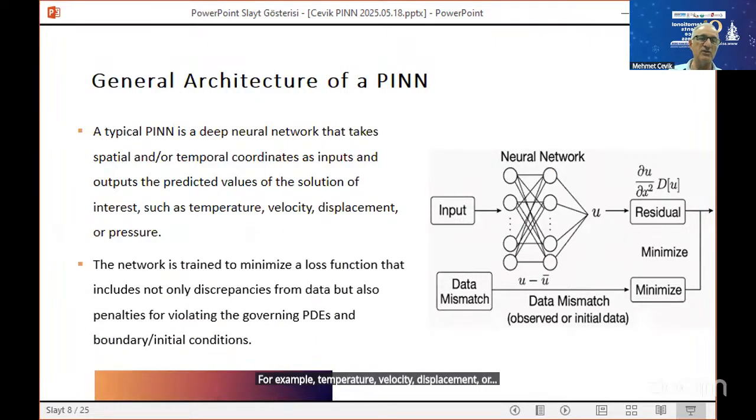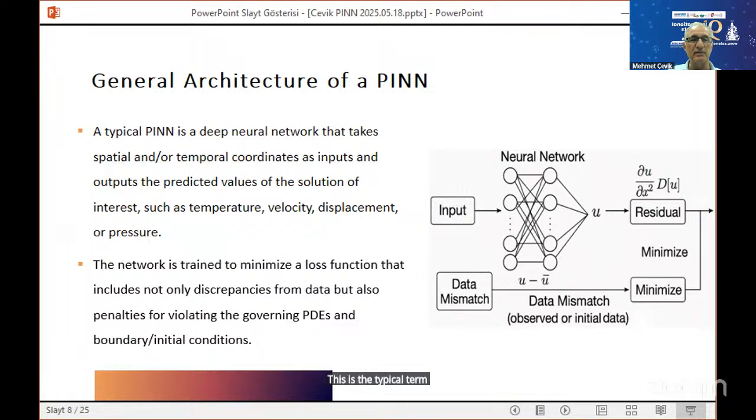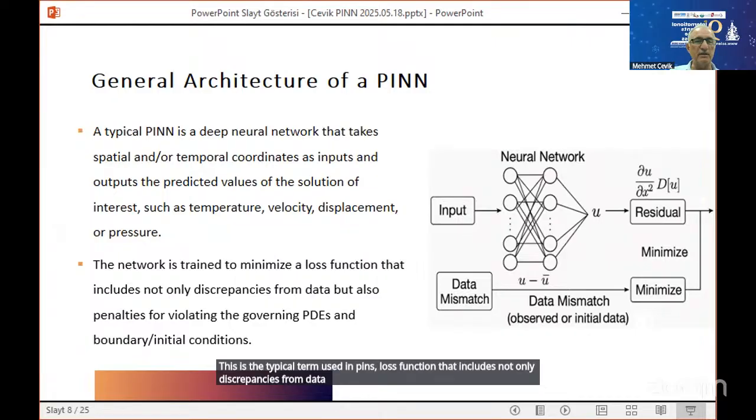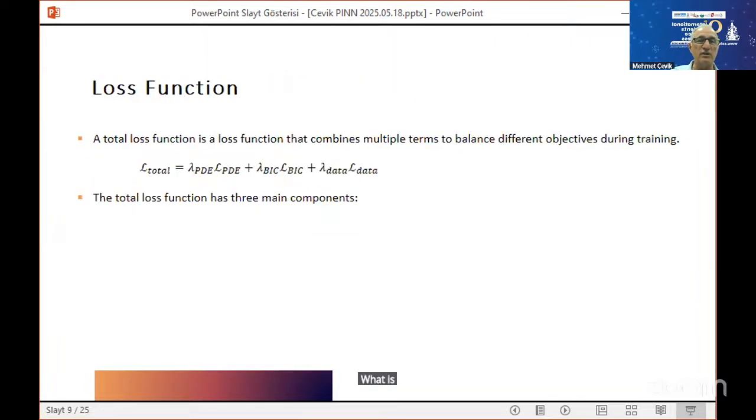The network is trained to minimize a loss function. This is the typical term used in PINNs, loss function, that includes not only discrepancies from data, but also penalties for violating the governing partial differential equations and boundary and initial conditions. What is a loss function, by the way?